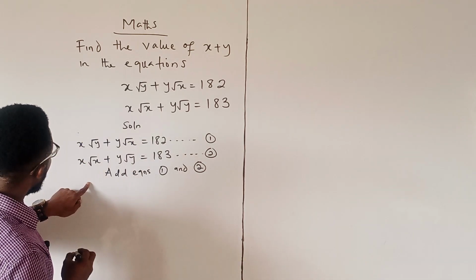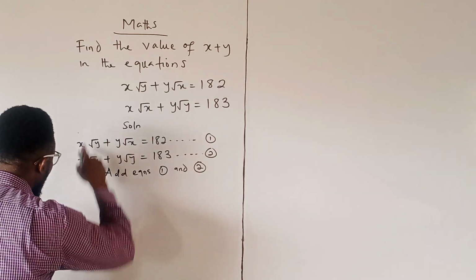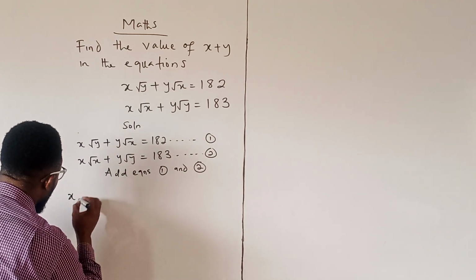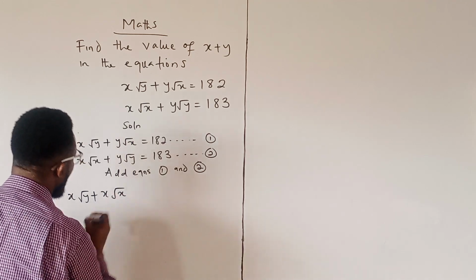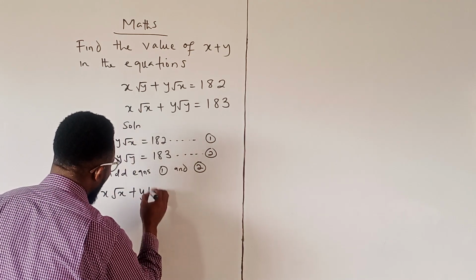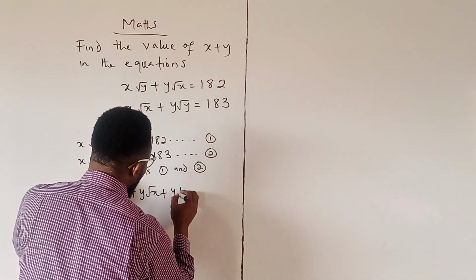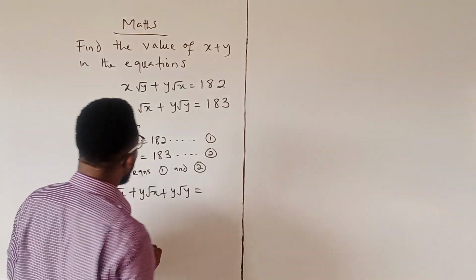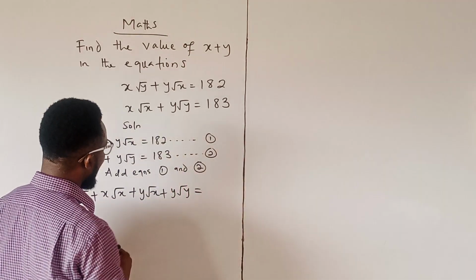Here, I'm going to add them the way they are overlapping. So here, I'll have x rad y plus x rad x plus y rad x plus y rad y equal to, on the right, 182 plus 183.